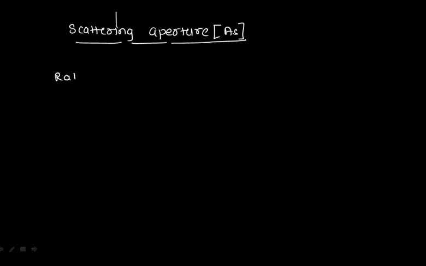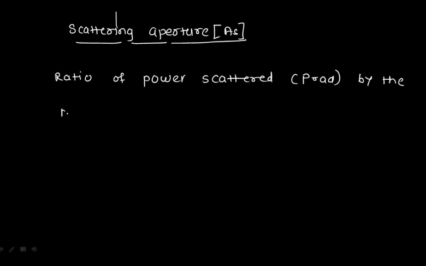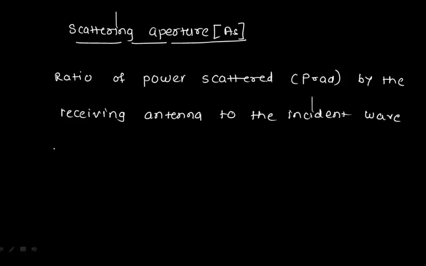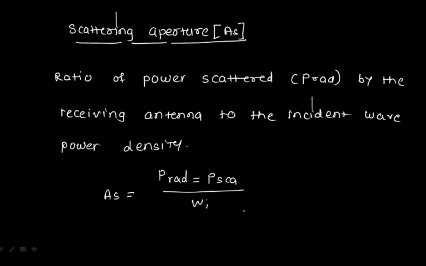This is the ratio of power scattered, that is P radiated, by the receiving antenna to the incident wave power density. Very straightforward. If I want to write this equation, AS will be P radiated, which is the P scattered, divided by the incident WI. So mathematically I can write it.